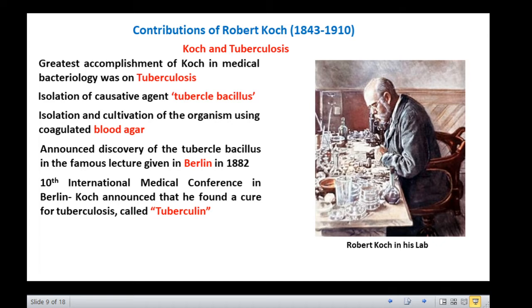Countless patients and doctors traveled to Berlin to obtain the remedy. Tuberculin, however, proved to be ineffective as a therapeutic agent. Koch didn't want to admit his failure and so administered tuberculin to hundreds of people who developed tuberculosis and died.